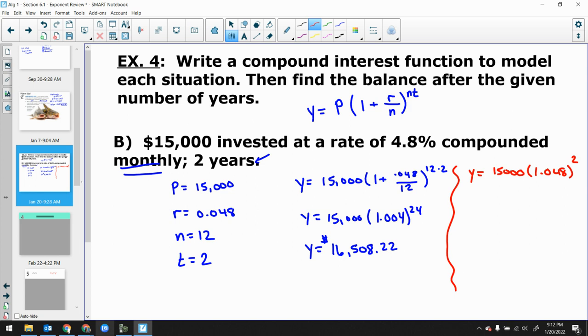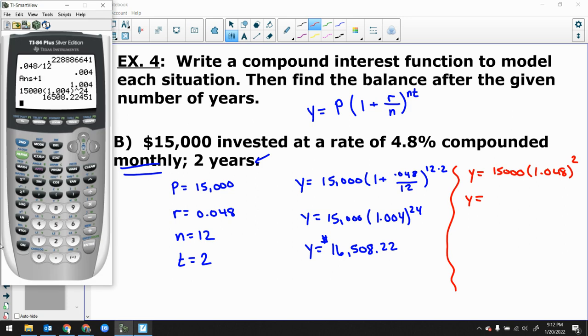Because if I don't account for this 12, it's just my regular old 1 plus 0.048. So what's my benefit of compounding monthly rather than yearly? Let's see how much of a difference this actually makes.